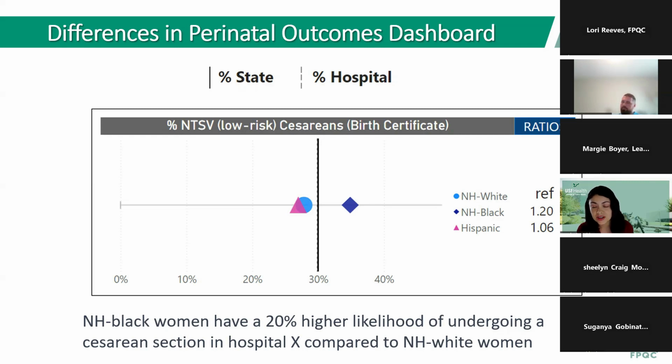In this particular example, the gap is not huge, it's not highlighted, but we can still say that for non-Hispanic Black women in this particular hospital, they have a 20% higher likelihood of undergoing a cesarean section versus non-Hispanic white women. Always remember that the reference group is going to be non-Hispanic white. So when you compare those rates, that's going to be compared to non-Hispanic white women.